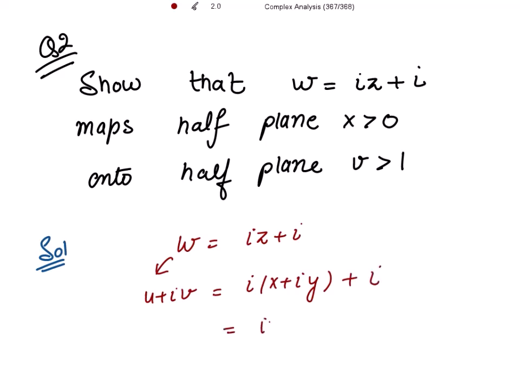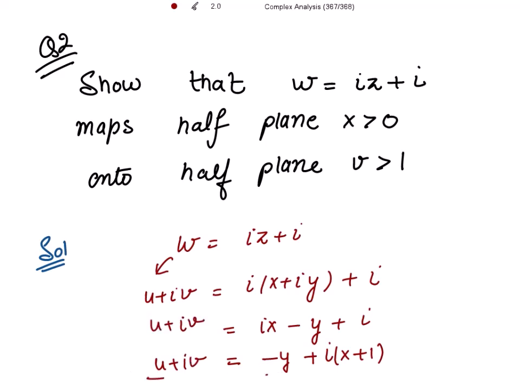Solving this we get iota x minus y, because iota square is negative 1, plus iota. The real part is minus y, and collecting the imaginary part separately we get x plus 1 into iota. And this is your u plus iota v. Comparing the parts we get u equal to negative y and v equal to x plus 1.